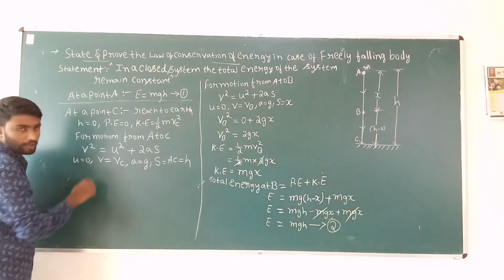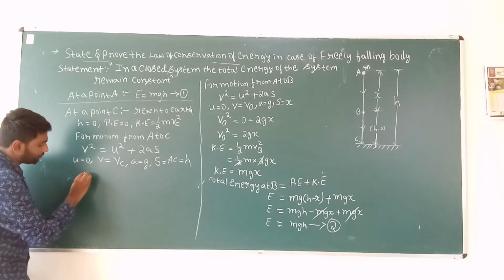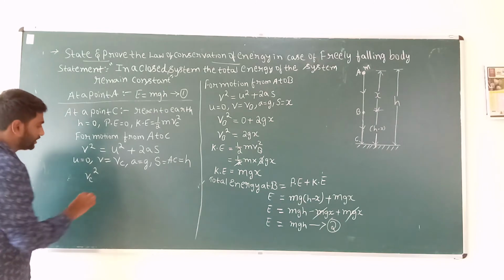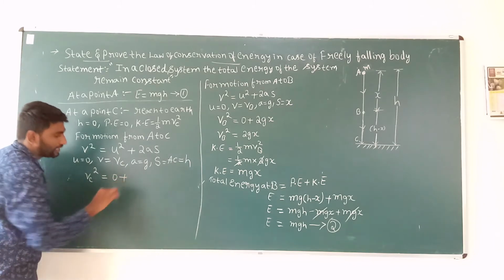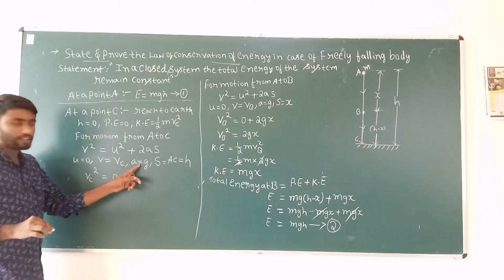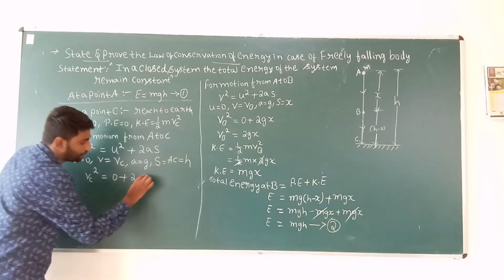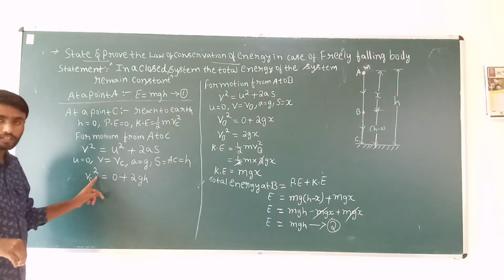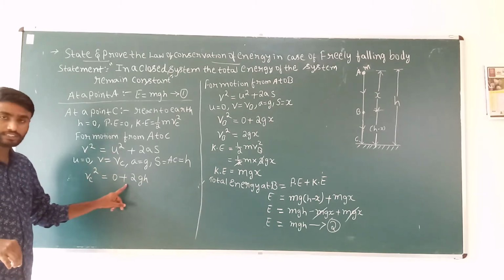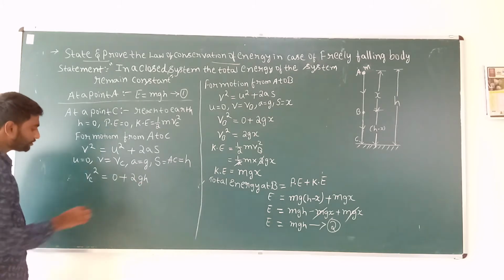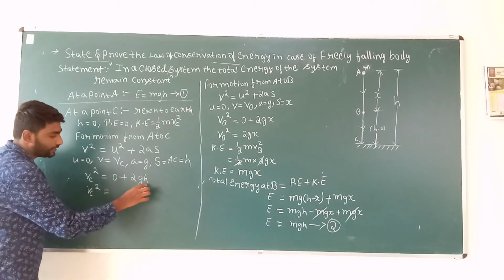So vC square equals 0 plus 2gh. We can write vC square equals 2gh.